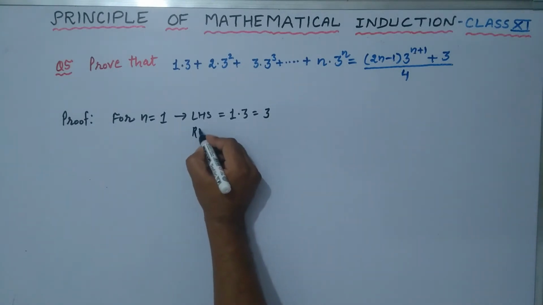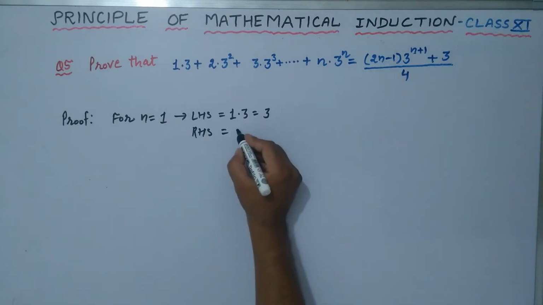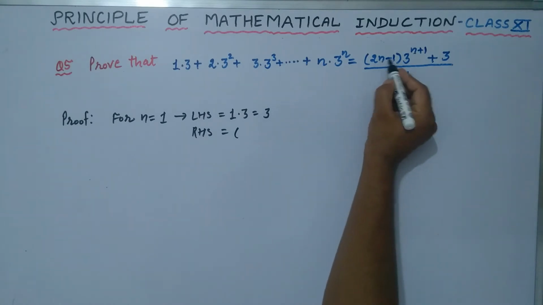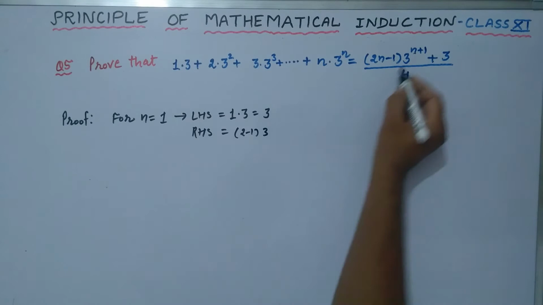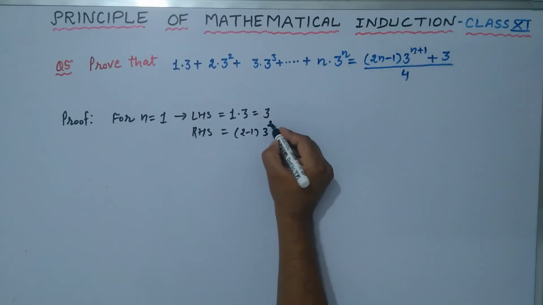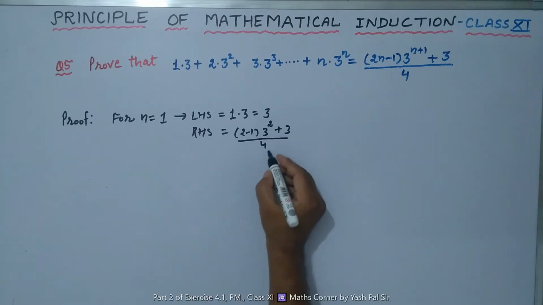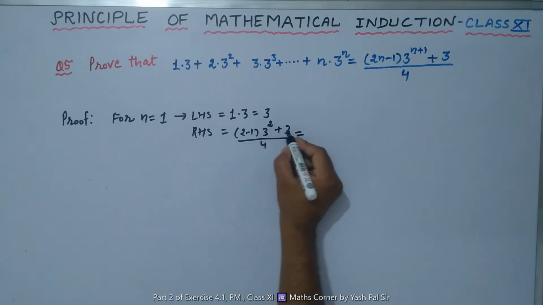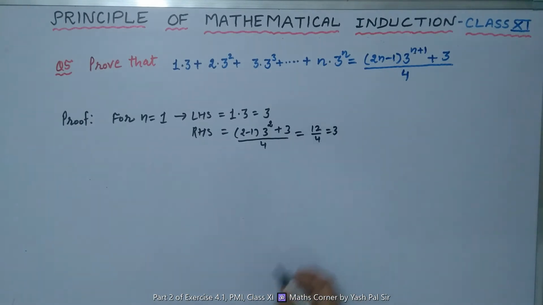Similarly, the right hand side, with n is equal to 1, becomes (2 minus 1) into 3 raised to power 1 plus 1, that is 9, plus 3, 12 upon 4, equal to 3.